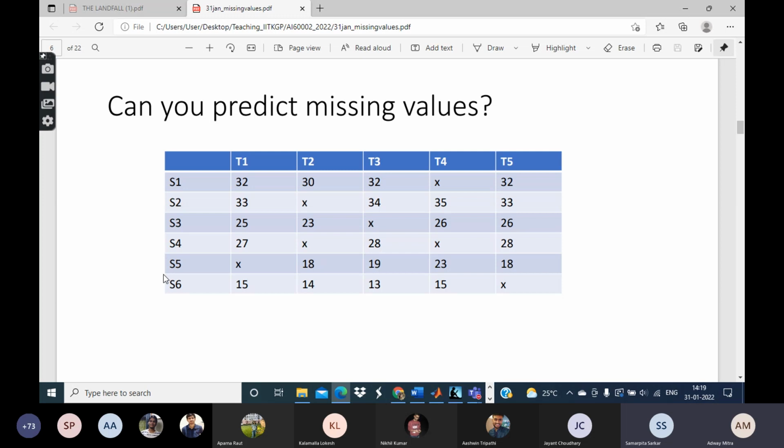Does anything strike? Like S1 is at higher measurement and decreasing to S6. Okay, fine. From S1 to S6, there seems to be a decreasing tendency. But still, can you make it a bit more specific than that?